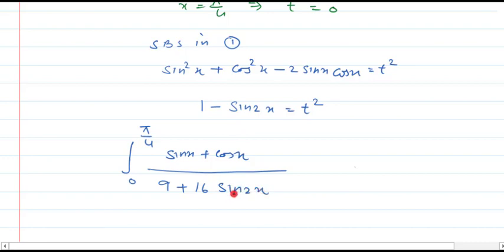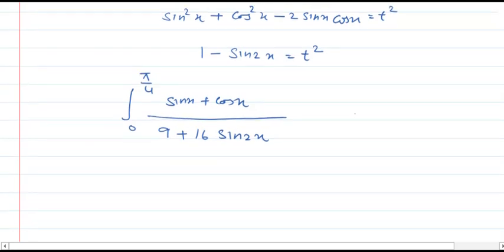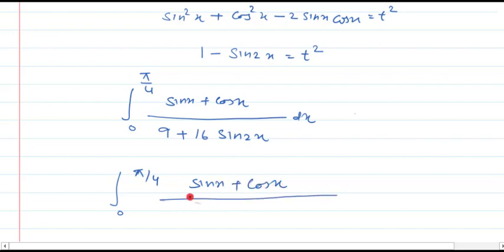So first of all, we need to make this sine 2x as negative. So let us change this sign positive into negative by writing it as sin x plus cos x upon 9 minus 16 minus sin 2x. So this requirement has been fulfilled.